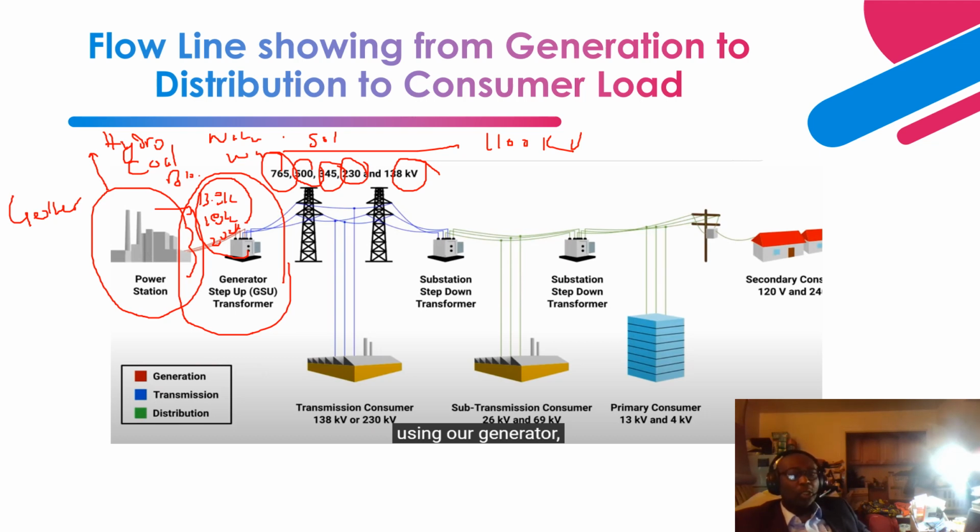So you have a step-up transformer that steps up the voltage to that level. Then this is where you have transmission level, transmitting the power you have generated from the power plant for many miles, let's say from 200 to about 350 miles.